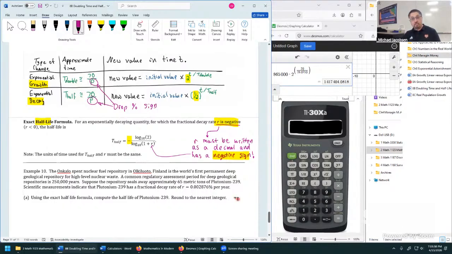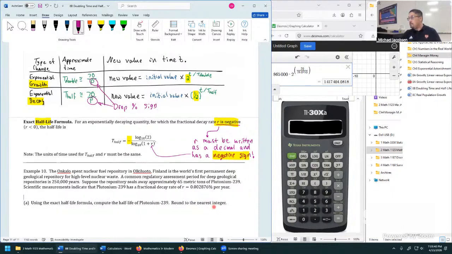So there's our fractional decay rate. But when it says decay, that conveyed a negative sign. Also, it's given as a percentage, so we have to do two things at once on this decay rate R. We have to convert it into a decimal and negate it all at the same time. So here's what we're going to be using all together.